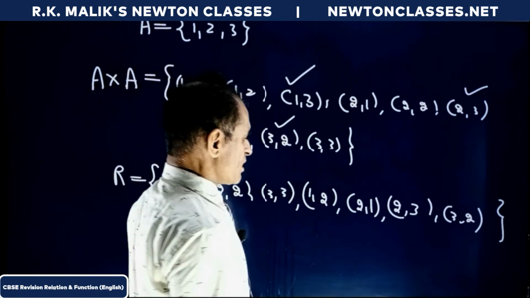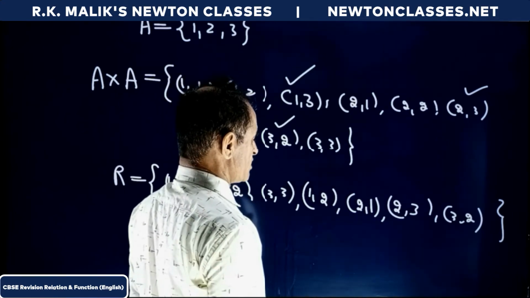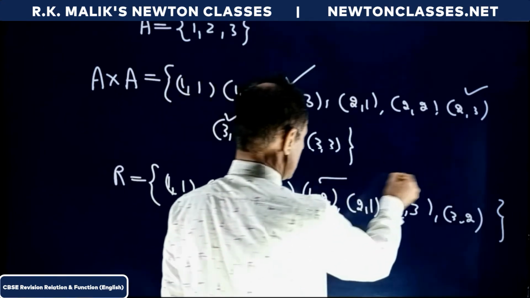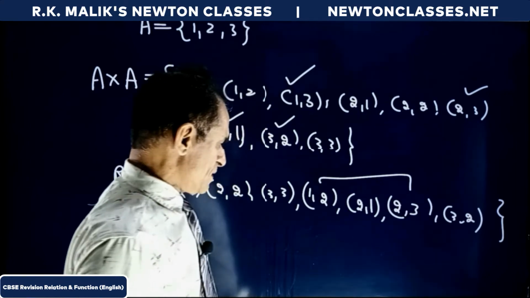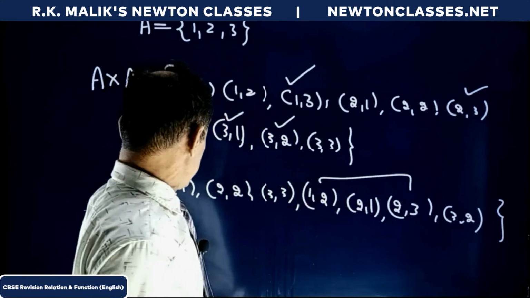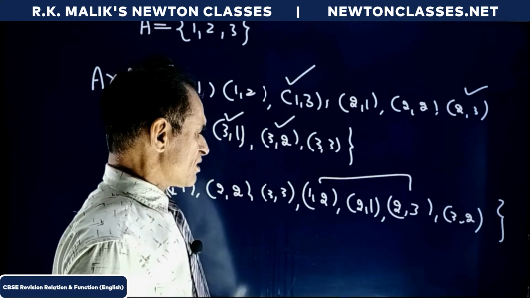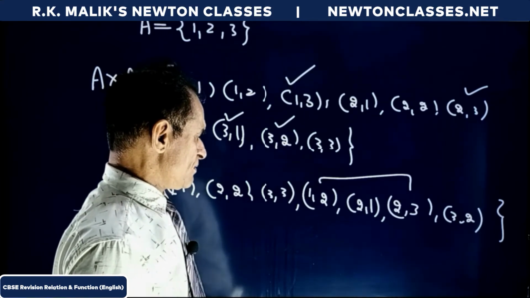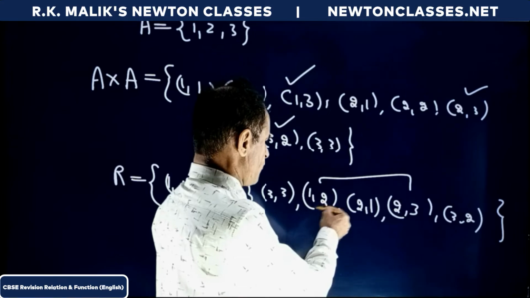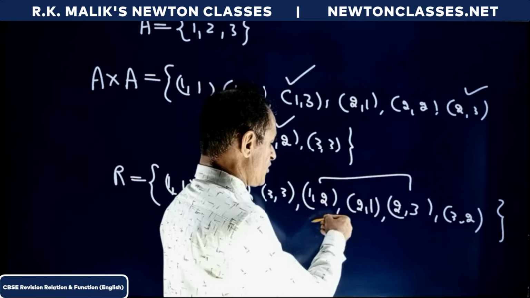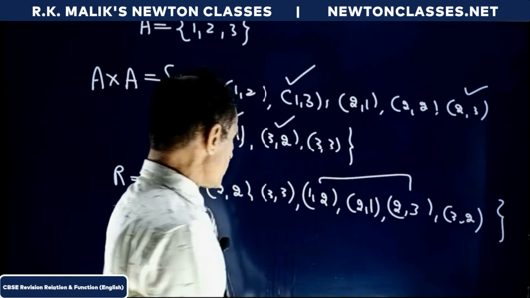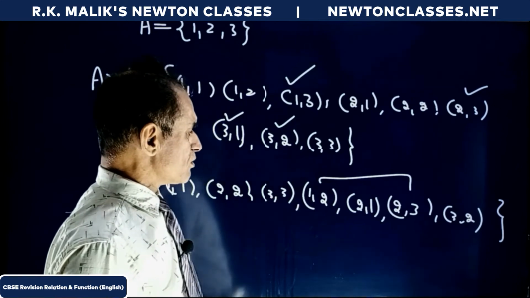But the condition of transitive relation is applicable on these two ordered pairs. (1,2) and (2,3) are belonging to R. But according to the condition of transitive relation, after combining these two, the result (1,3) should belong to R, but (1,3) is not belonging to R.